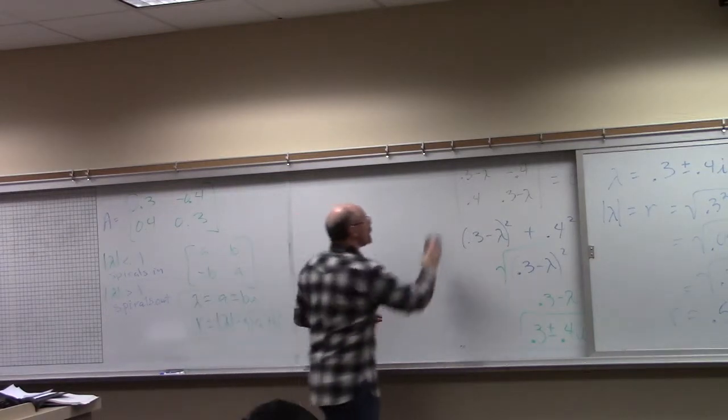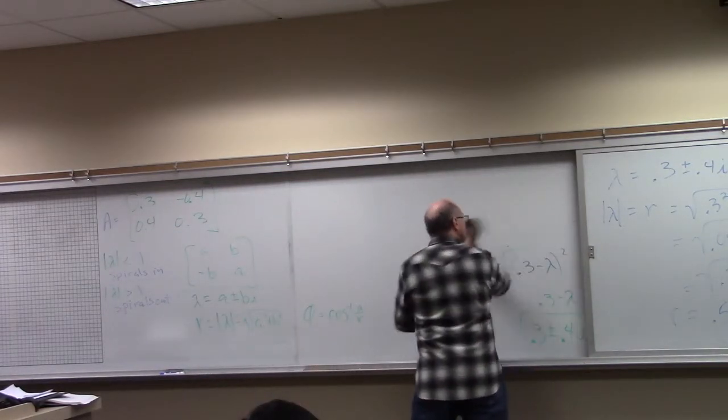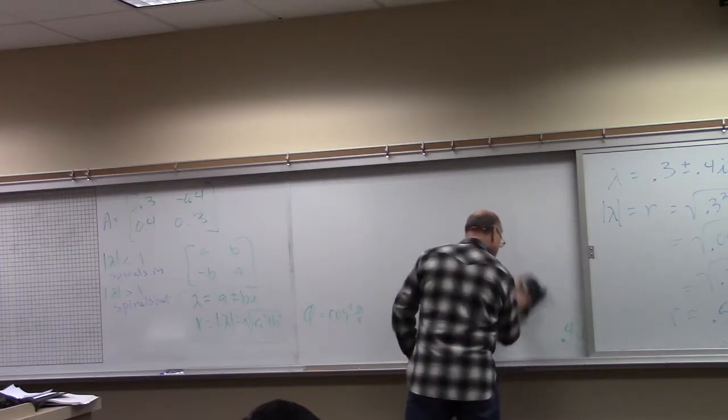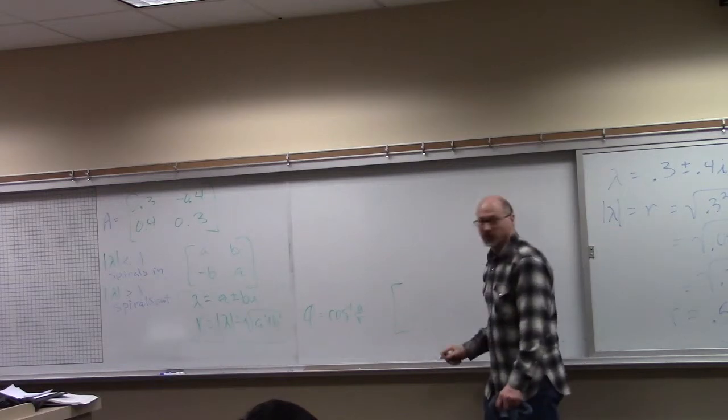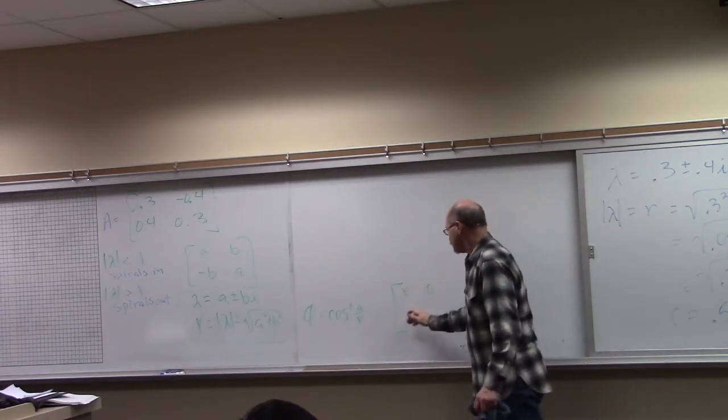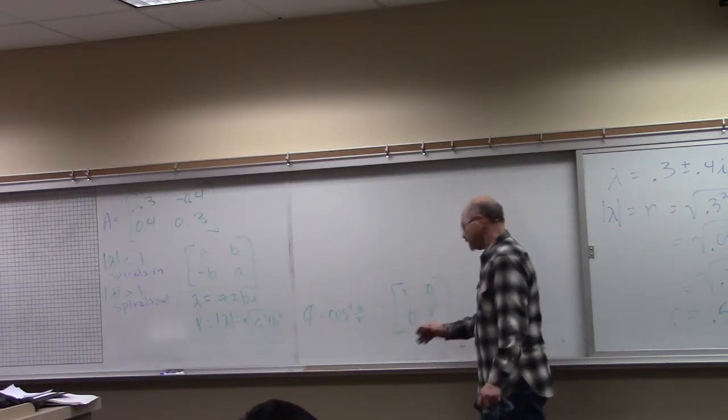And we can always rewrite the matrix as a magnitude matrix. This is R, 0, 0, R, right?